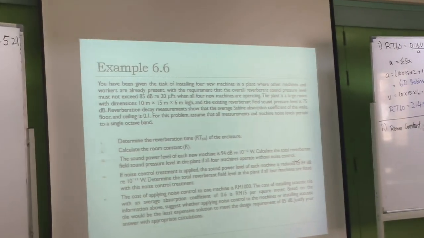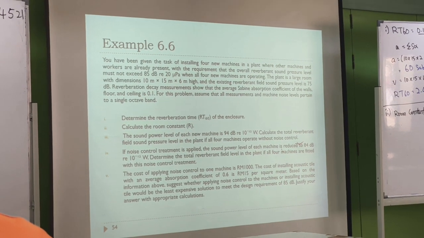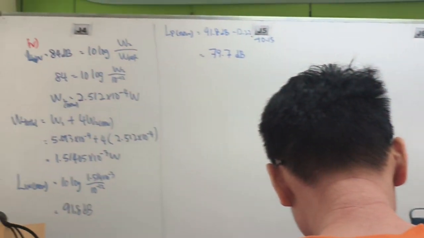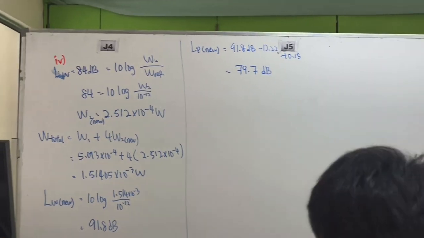One machine is 1,000. So the total cost we have to pay is 4,000. Okay. Now question number 5 is actually costing.